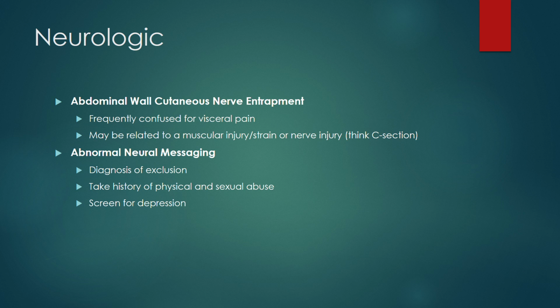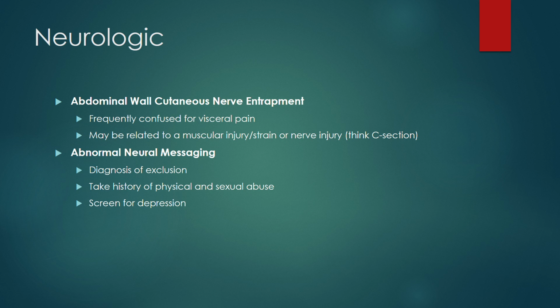You really do want to take a good history of physical and sexual abuse. Up to 47% of women with chronic pelvic pain disclose a history of physical or sexual abuse. That's very high. Almost half of women with chronic pelvic pain will have some of this in their history, so it's good to tease that out.